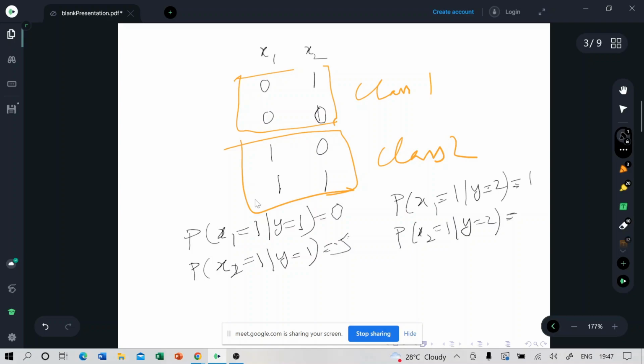Multiplied by probability of x2 is equal to 0 given y is equal to 1, which is basically 1 minus this one, so 0.5, multiplied by probability of x3 is equal to 1 given y is equal to 1, so this is 1 again.